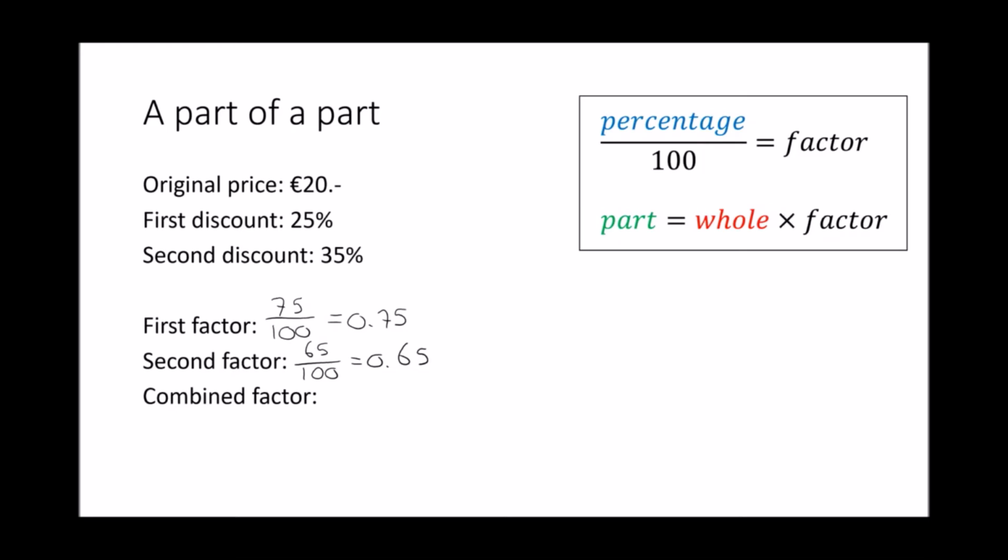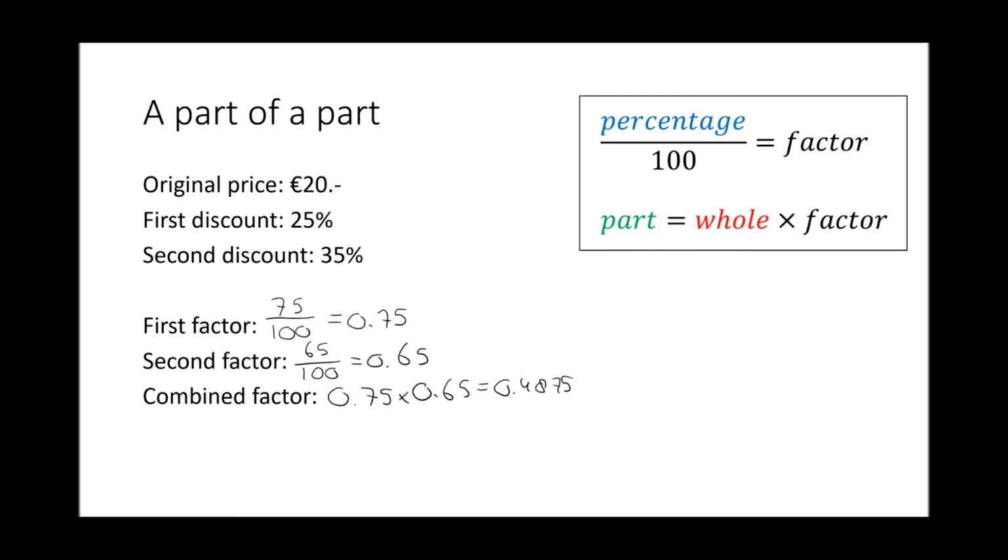How we do that is simply by multiplying our two factors, by calculating 0.75 times 0.65. And that is 0.4875. And this factor is the factor for both of those discounts combined.